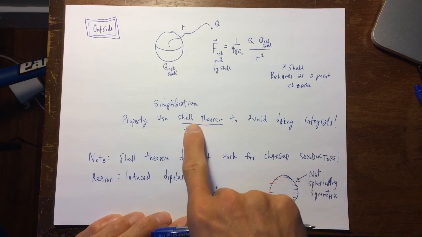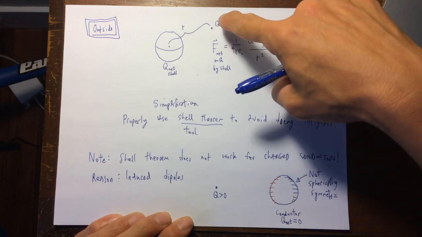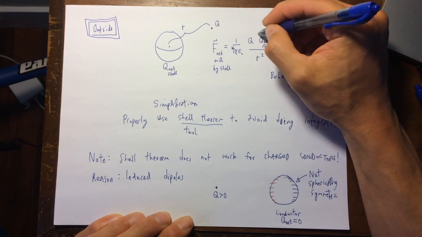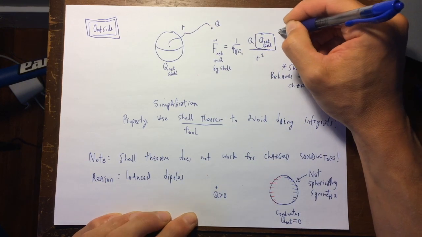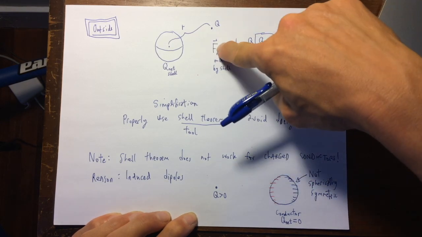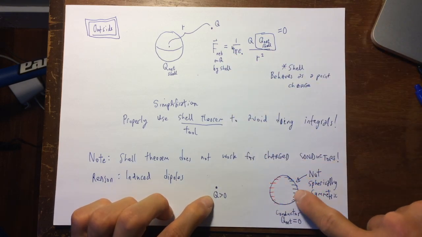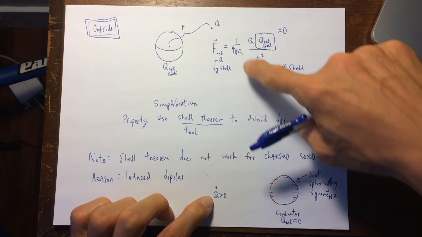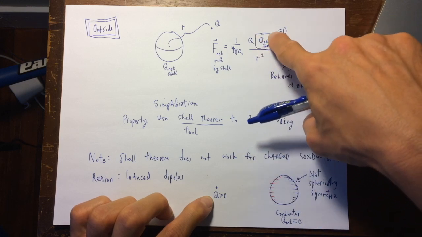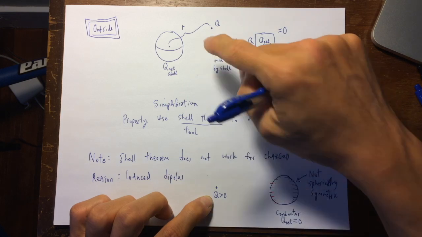If I was to use the Shell theorem improperly, what I would say is, well, this is equal to 0, because here it is, right? And the net force on capital Q right here by this shell of no net charge, I would calculate it, right? If any factor in a bunch of factors is 0, then the result is 0.